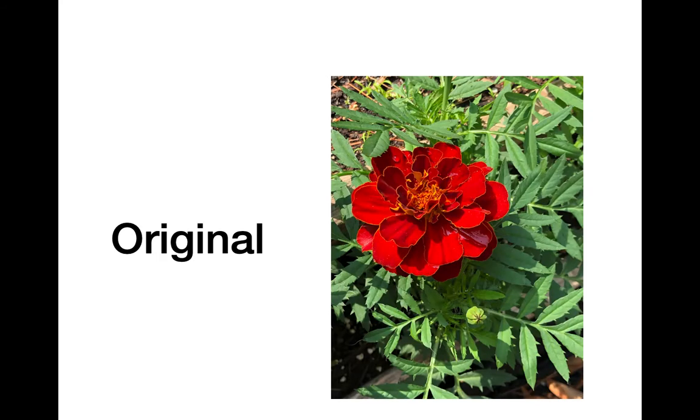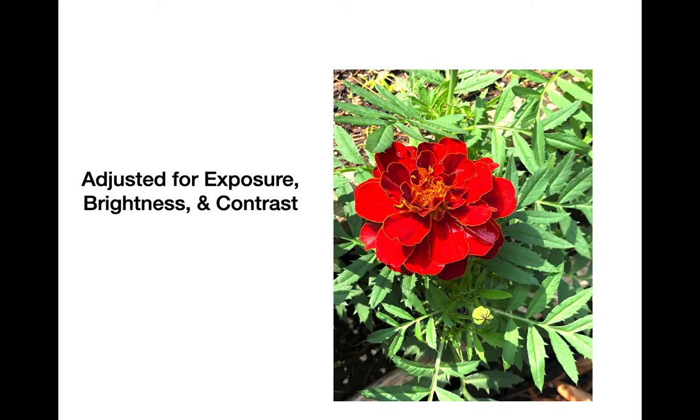I'm sure you'll recognize that it is a very common flower that you find in your garden. Have you come up with the name yet? It's a marigold. Beautiful color. But of course, I had to play. So I adjusted the exposure, brightness, and contrast. And I brightened it up.